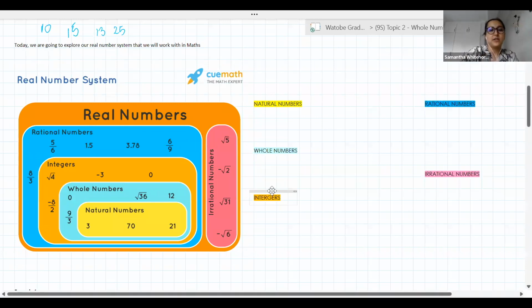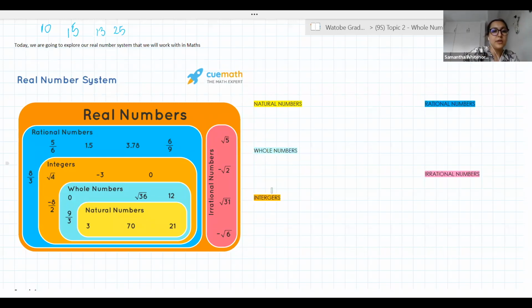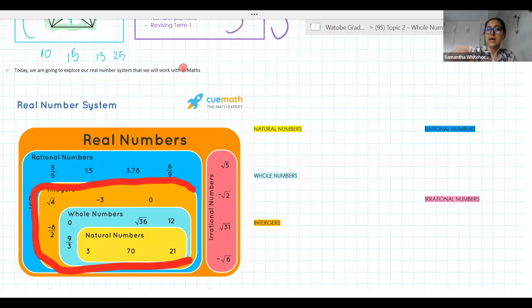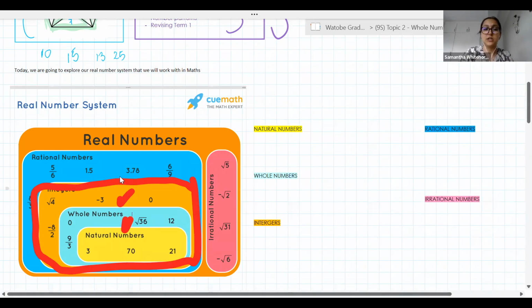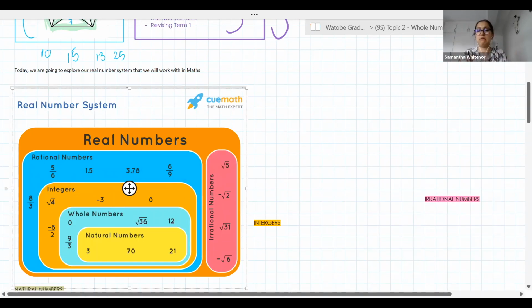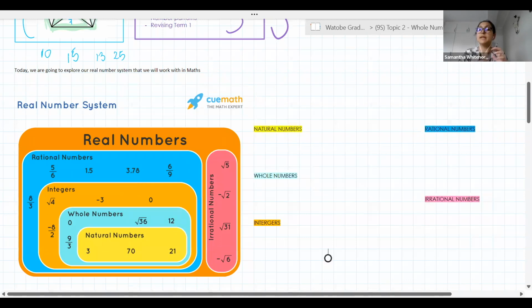So you can see here that, for example, this orange block of integers encompasses or includes whole numbers and natural numbers. And so numbers that are integers can also be whole numbers and natural numbers. So it's just important to understand that, yes, we're grouping or categorizing numbers, but numbers can fall into multiple groups.